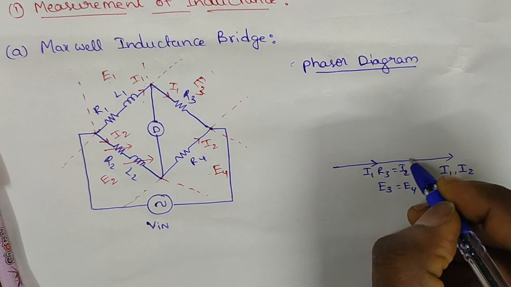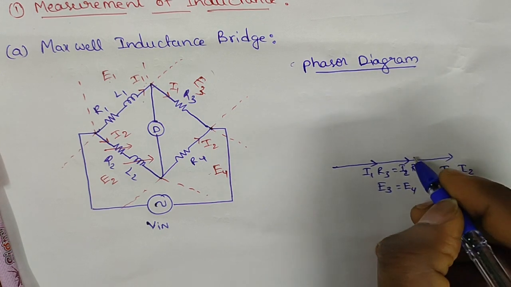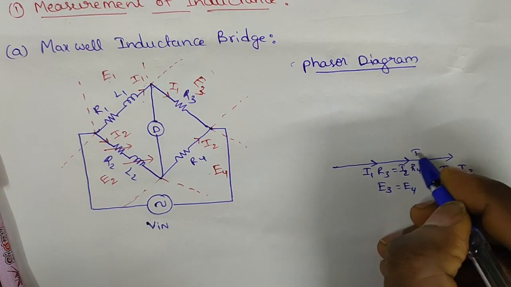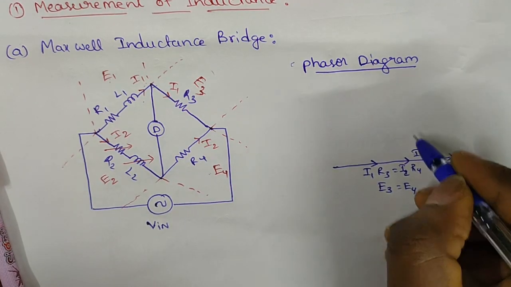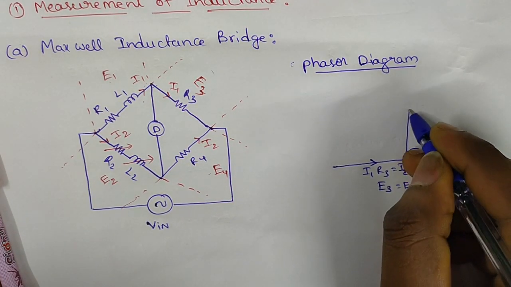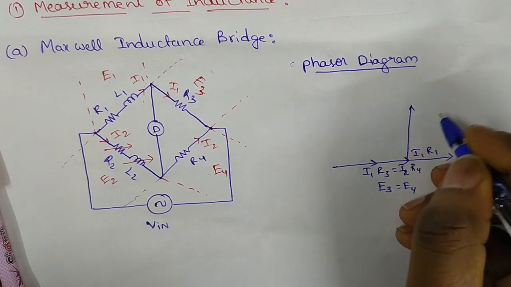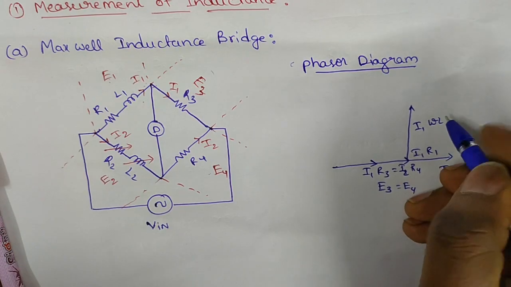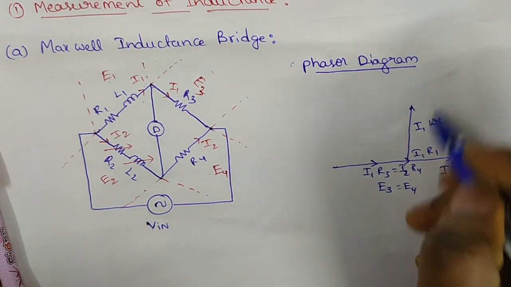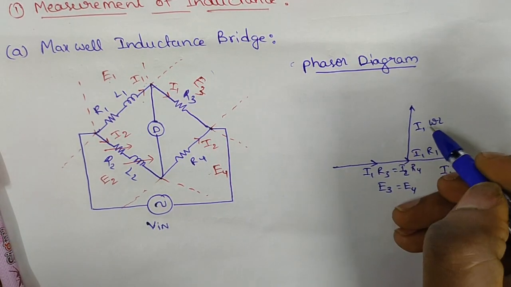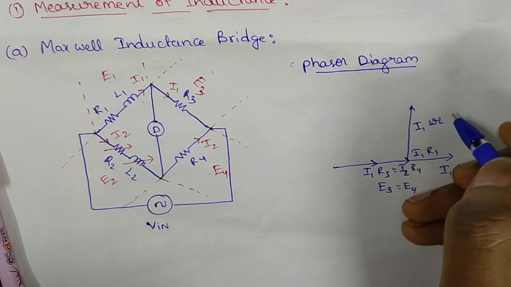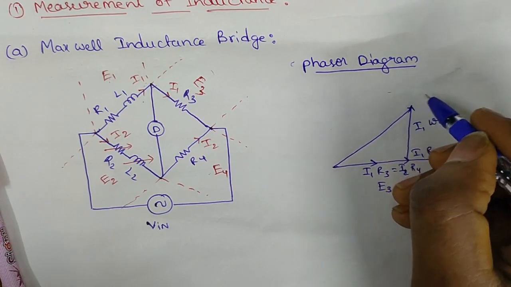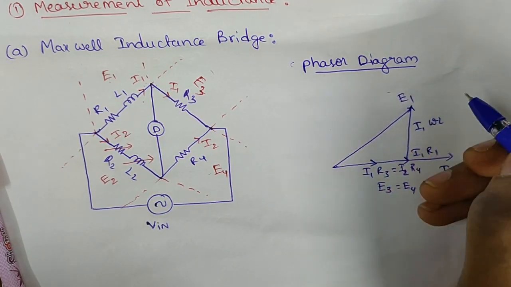If I1 R1 is here, then the drop related to I1 omega L is 90 degrees perpendicular to it. Then the resultant will be E1.